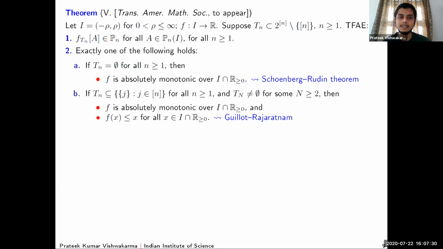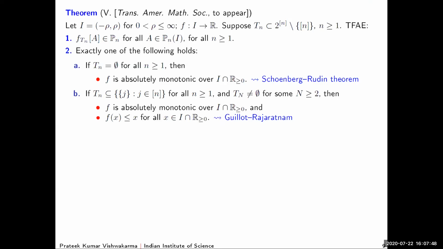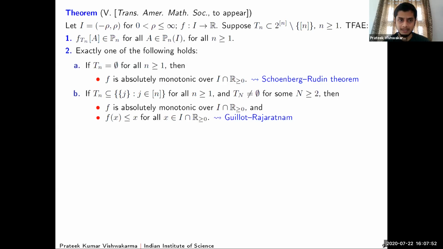In the second case, where the function f is forbidden only from some diagonal entry of large enough PSD matrices, as we have found, the function f has to be absolutely monotonic and has to be bounded above by the identity function over the non-negative side of the interval. Note that a particular case of this leads us to the Guillot-Rajaratnam result.